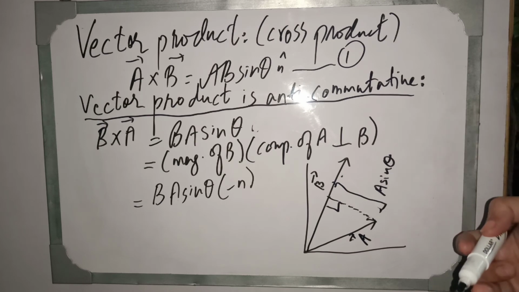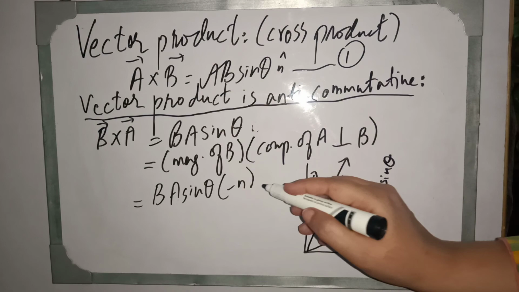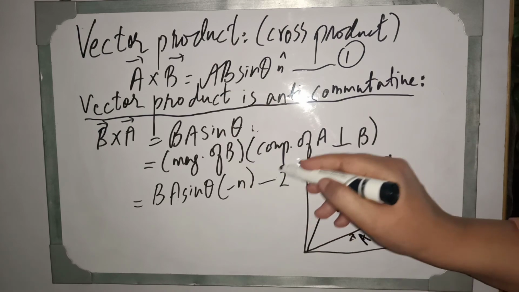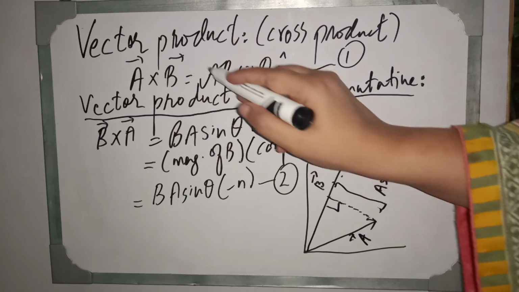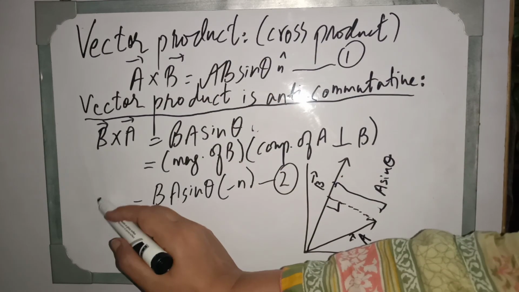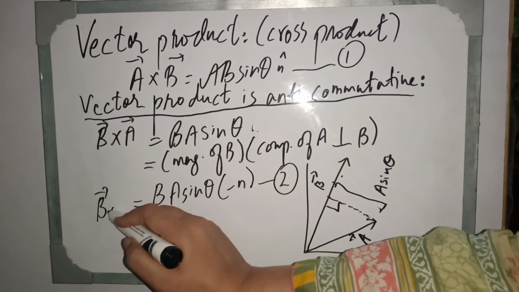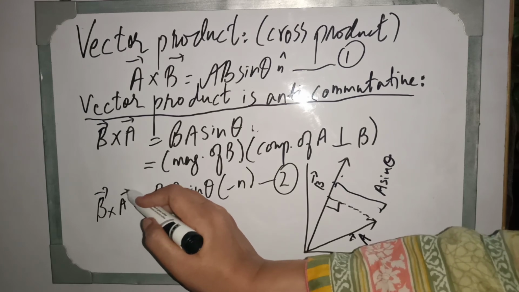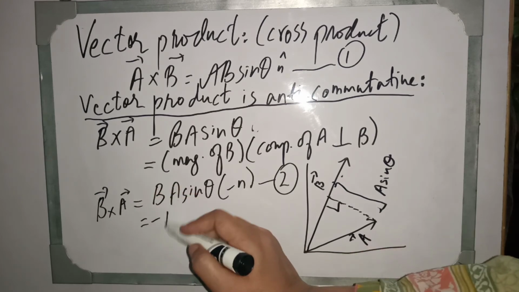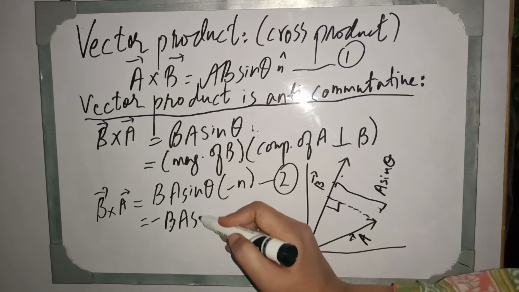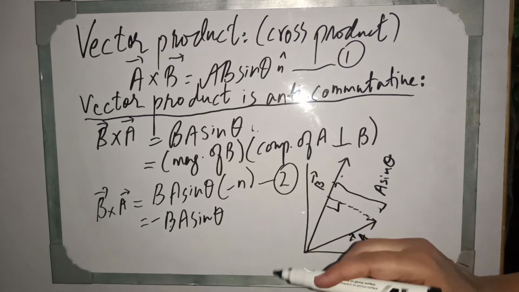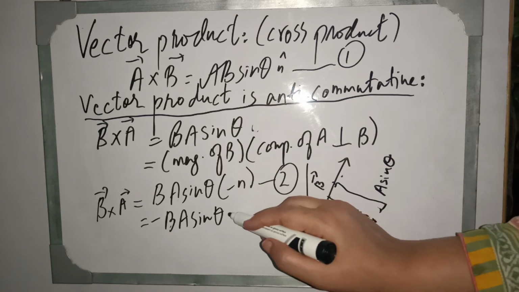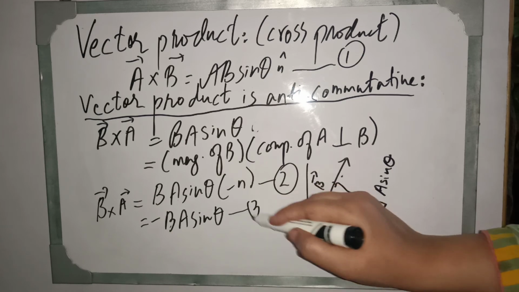As it is into the page, its direction is reversed, so this is equal to minus n. So as A cross B equals AB sine theta n, now B cross A is equal to BA sine theta minus n. It means it is equal to minus BA sine theta.